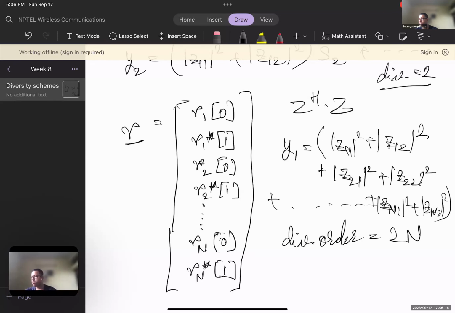Like I showed for one antenna, you can try repeating the same process for n antennas, stack up all of these R vectors and do the calculation, and you will ultimately come to this. So Y1 and Y2 will both have this kind of gain coefficient, giving a diversity order of 2n.